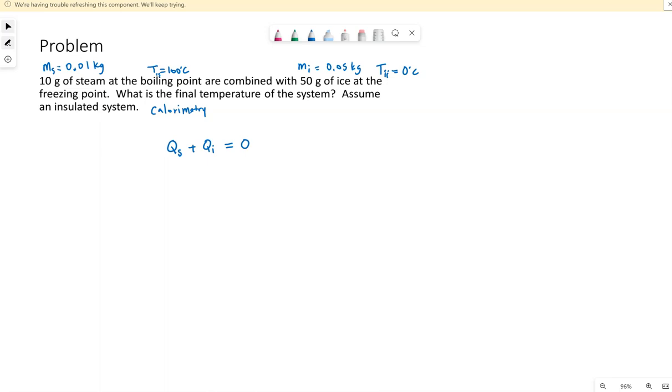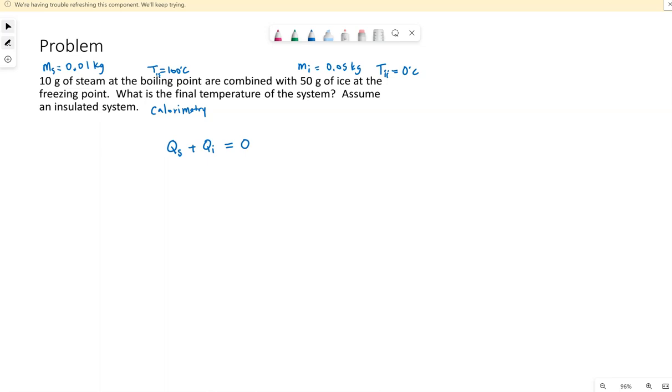So all the energy this steam essentially gives away, that it loses, goes into the ice. And so they're just exchanging this heat energy between each other.